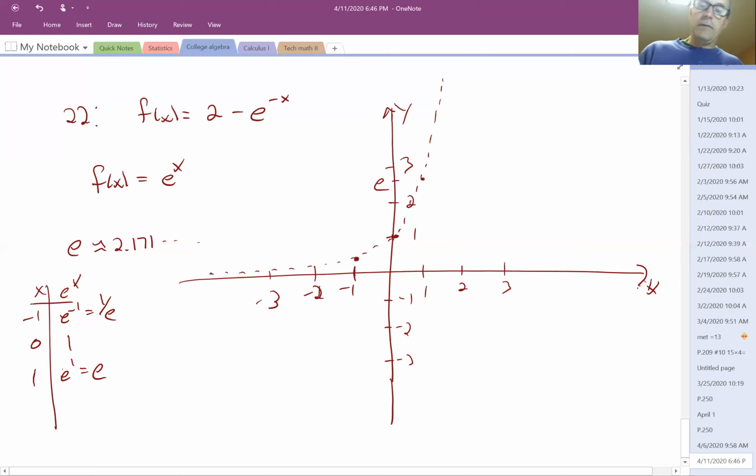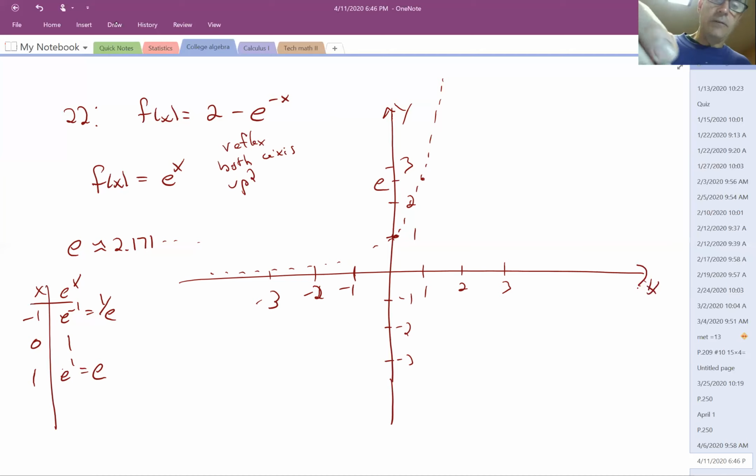So we want reflect both axes. Okay, both axes. And then up 2. Negative x is the y-axis, and then minus is the x-axis. Let's see if we can do this.